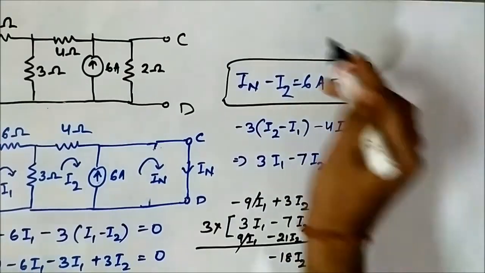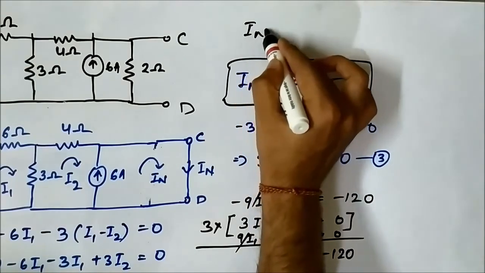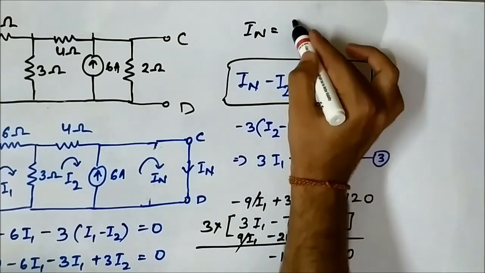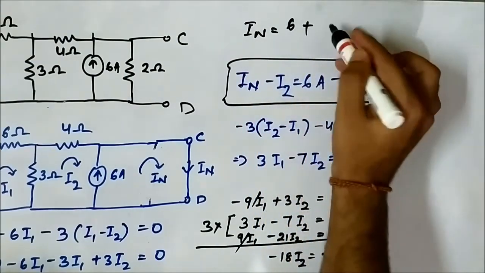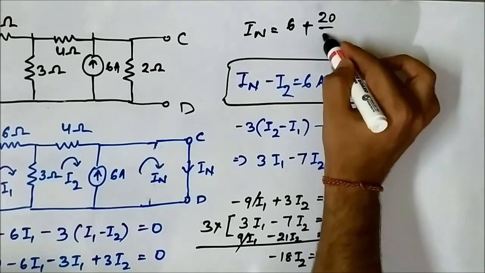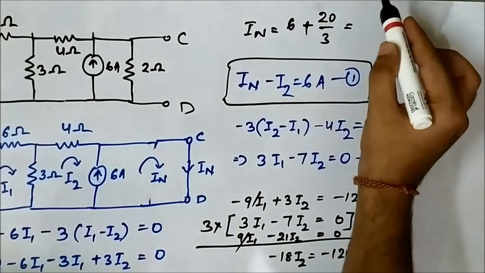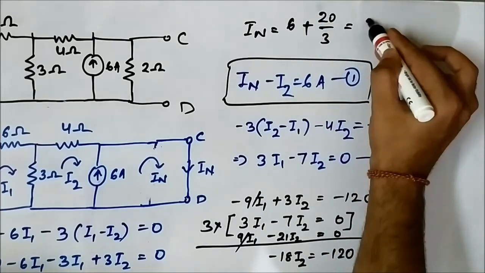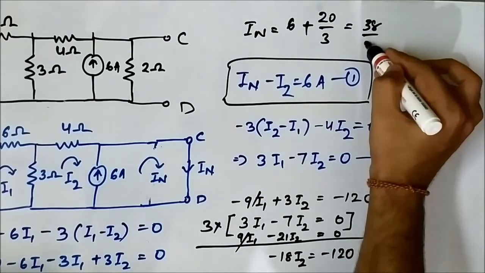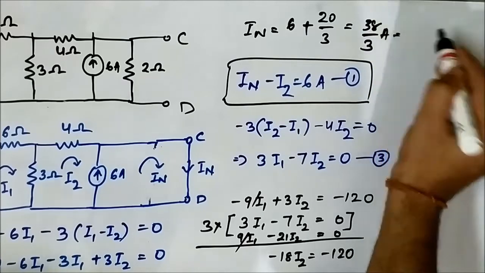So IN is equal to 6 plus I2, which is 6 plus 20 by 3, which is equal to 38 by 3 ampere.